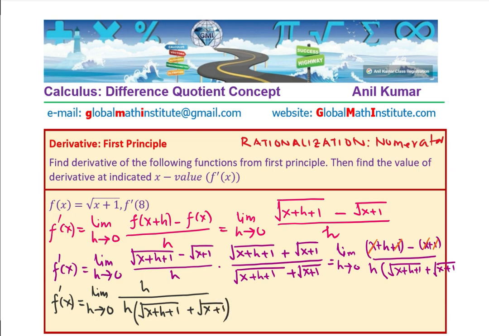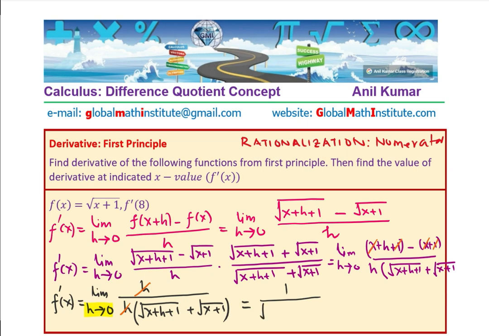Now you can cancel h and substitute the limit h approaches 0. You can do so now because the term which was giving 0 in the denominator has now vanished. It has got cancelled out, right? So when you do that, you get what? Putting 0 for h, we get 1 over, so I'm not writing limit now. Do you see that? Because I'm substituting the value of h as 0.